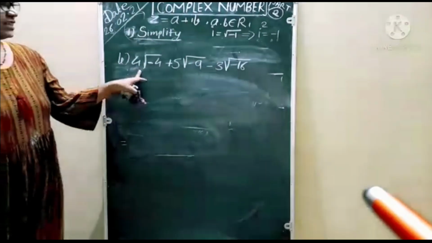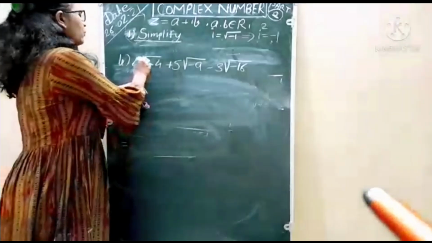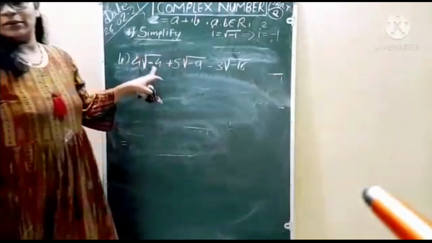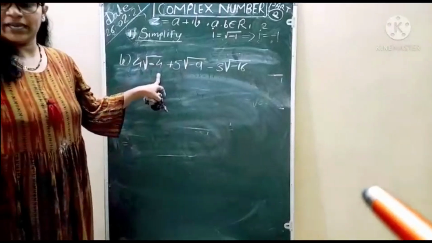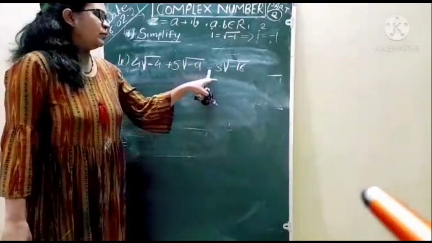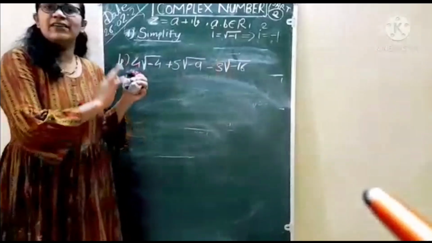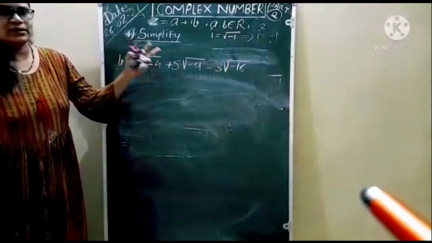So you can see in your exercise, there is the second example: 4 into root minus 4, then plus 5 into root minus 9 and minus 3 into root minus 16. So in the same way we have to calculate the answer of this.